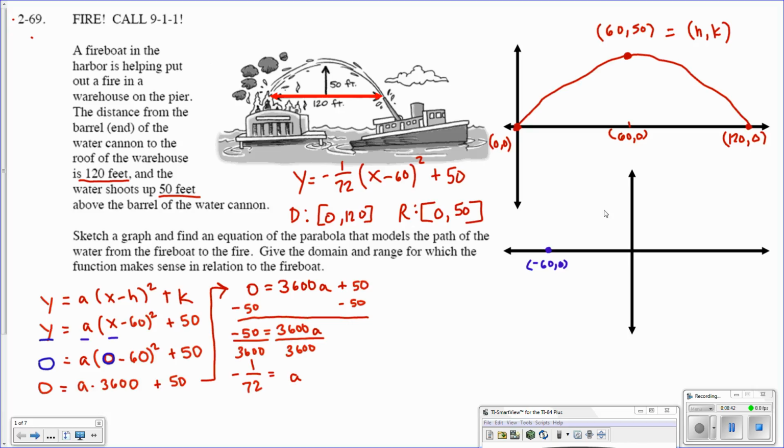And it's going to go 120 feet, so it's going to end up being over here at positive 60, 0. So the whole distance is 120 feet, which means that our point on the y-axis here is going to be halfway between the two of them. And we know that that point then would be the point 0, 50.